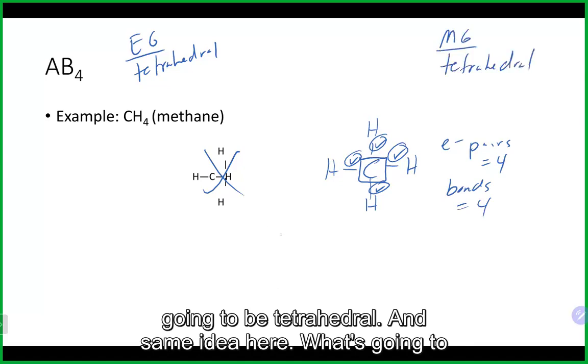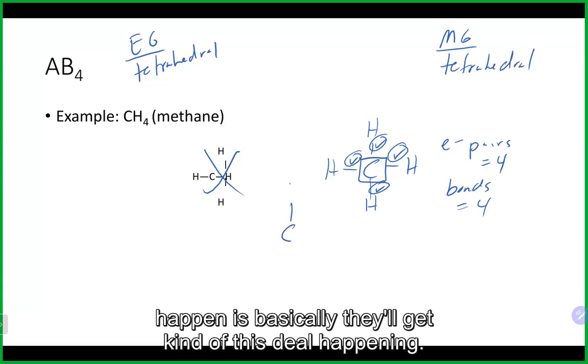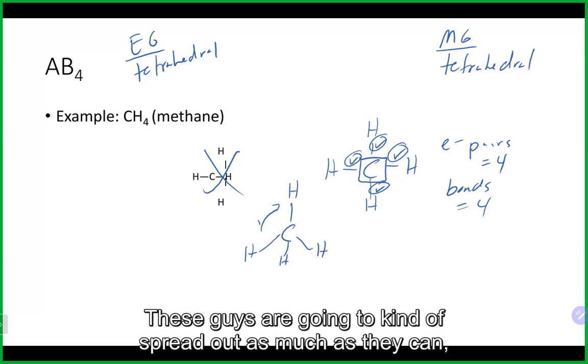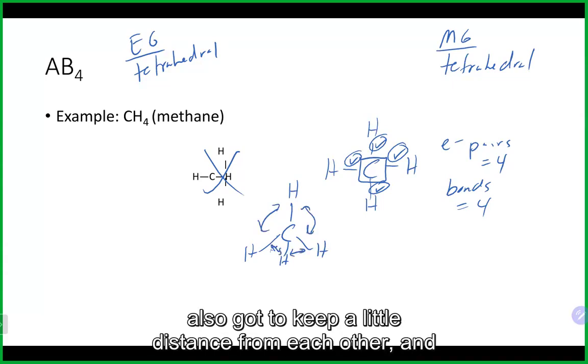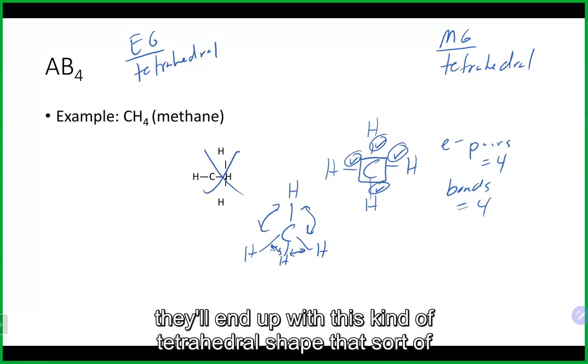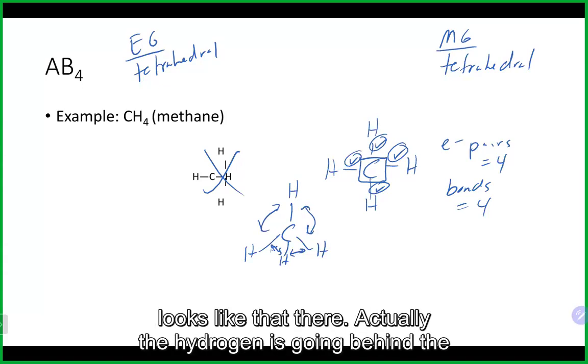And same idea here. What's going to happen is basically you'll get kind of this deal happening. These guys are going to spread out as much as they can, but we got that 4th bond in there, which means these guys also have to keep a little distance from each other, and they'll end up with this tetrahedral shape that sort of looks like that there.